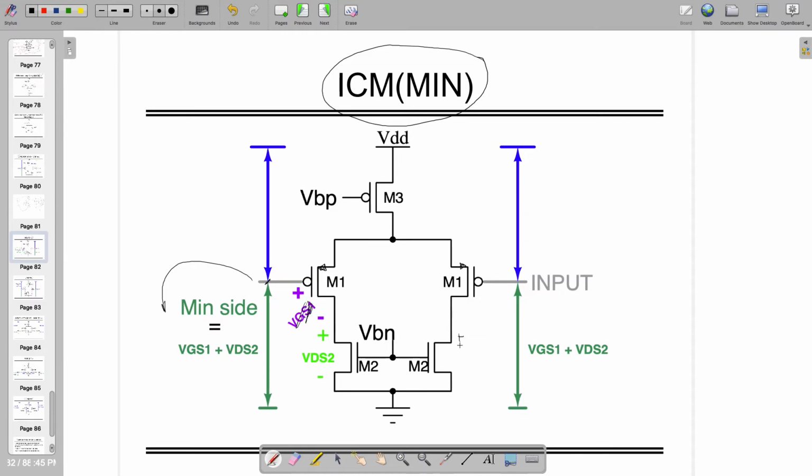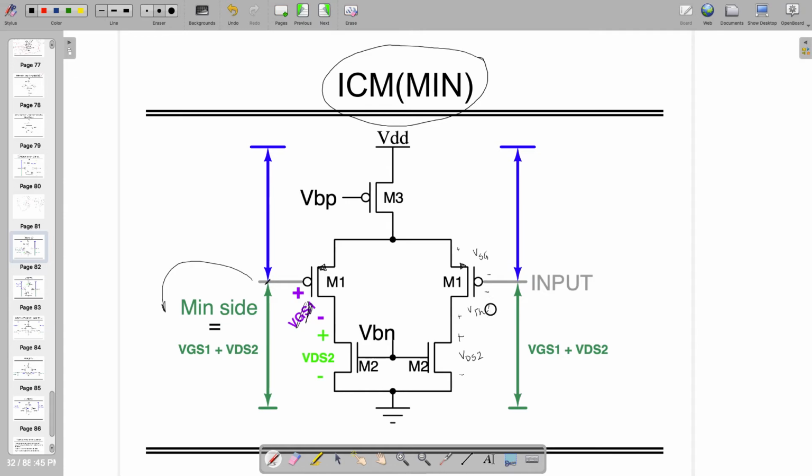Across this one, it's going to be VDS2. Notably, VDS2 is a saturation voltage, right? And from here to here, if this is VSG, this side it has to be VTH, right?